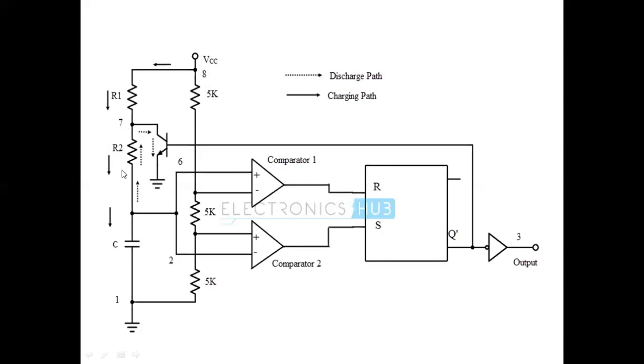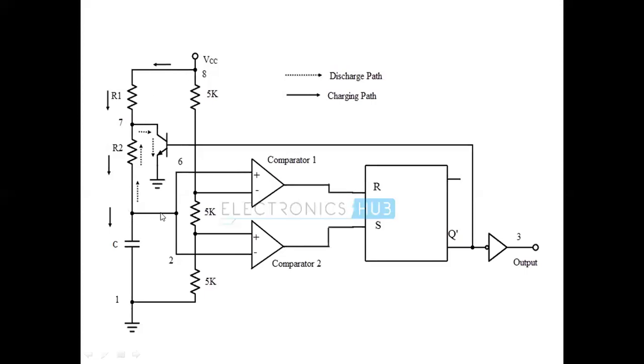When we have logic 0 as Q bar, it is connected to the transistor, and because of that logic 0, the transistor will be in off condition and the capacitor is free from the transistor, and the capacitor starts charging towards VCC through the resistances R1 and R2.